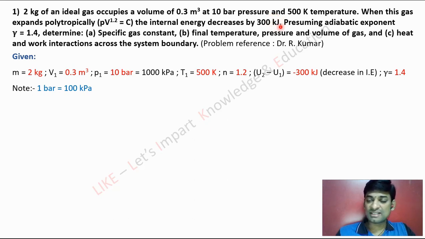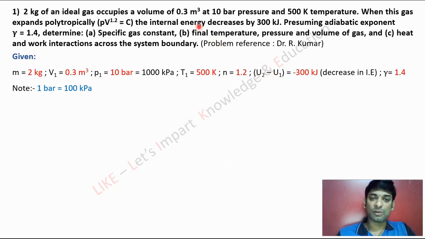If the unit is given as kilojoule, you have to use uppercase U, that is capital U. In some cases, unit will be given as kilojoule per kilogram. In that case, as I said already, the term becomes specific internal energy. So kilojoule per kilogram means specific internal energy. In that case, you have to use lowercase character, that is small u1 and small u2.